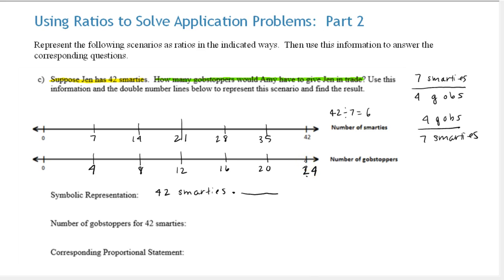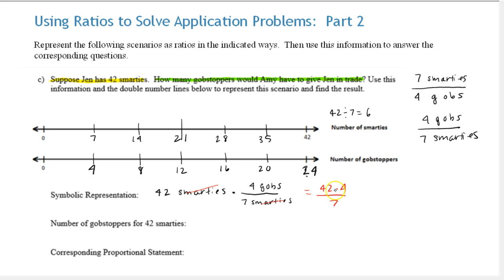Now in terms of the ratios we had, this one divides by 7 because it has 7 Smarties in the denominator and 4 Gobstoppers in the numerator. And notice how the Smarties cancel out as units because there's 1 in the numerator, 1 in the denominator, and we're left with Gobstoppers. So this equals, multiply the numerators, 42 times 4 over 7.